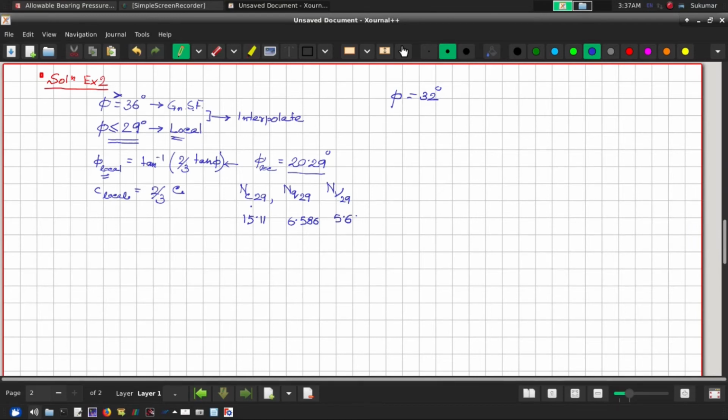Okay, you can put phi equal to 20.29 in the equations for bearing capacity factors, and then you will get these values.